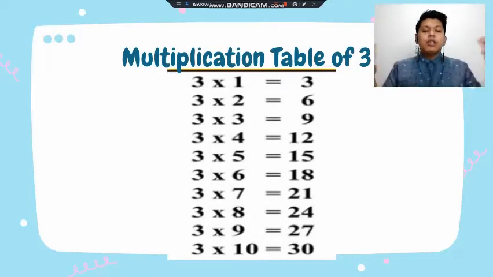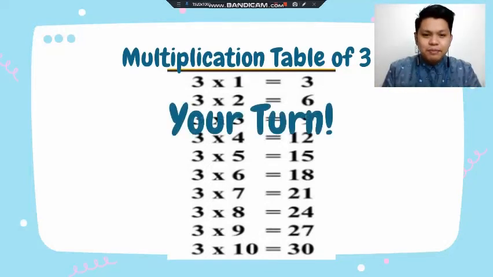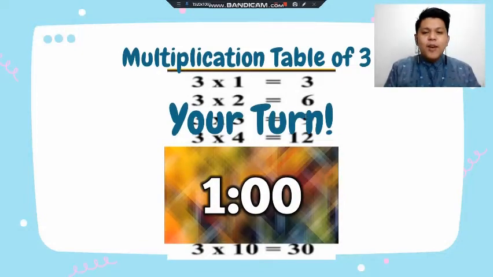3 times 4, 12. 3 times 5, 15. 3 times 6, 18. 3 times 7, 21. 3 times 8, 24. 3 times 9, 27. 3 times 10, 30. Now it's your turn. Okay. 1 minute starts now.